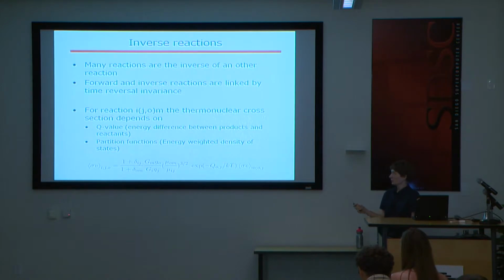Even when you implement it in a code, you tabulate the cross-sections for one direction, you tabulate the Q values for all your reactions and the partition functions, and then you calculate on the fly the opposite direction.